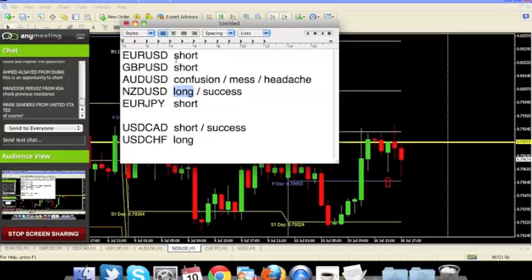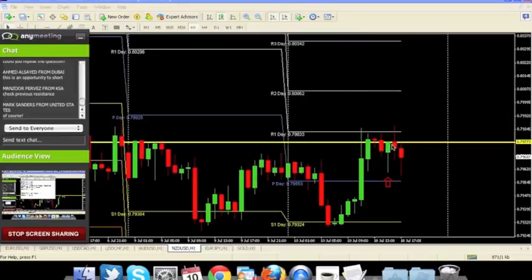But because you looked at all of these pairs, you know that the overall direction of the market is down. But we have some long in the market. We have some different directions temporarily. What does that mean? New Zealand dollar is telling us that it wants to go long.